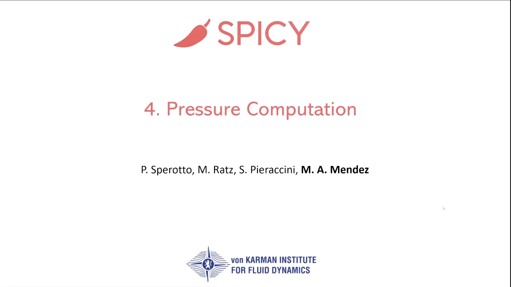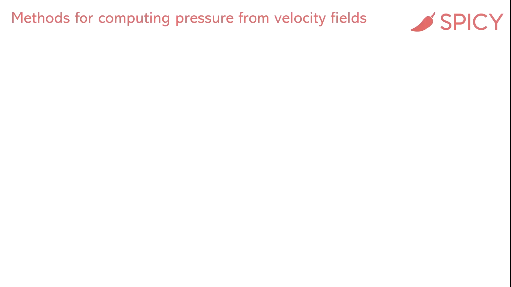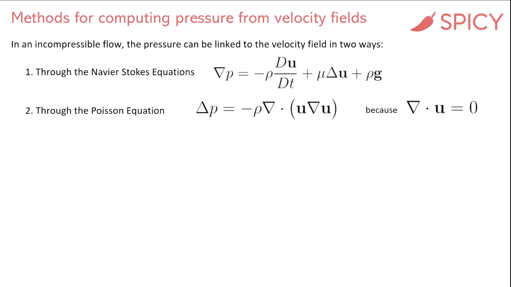In SPICY, at least for the moment, we only focus on incompressible flows. In these flows, the pressure can be linked to the velocity fields in two ways. The first way is from the Navier-Stokes equations. These link the pressure gradient, which is the term you see here on the left, to the material acceleration.